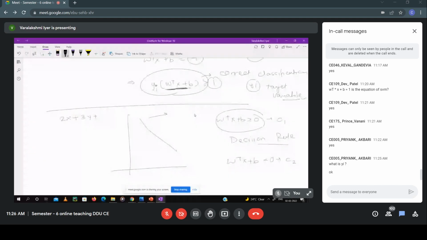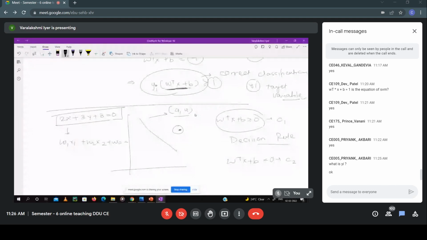And we have a point that we are trying to classify. Suppose the point is 4, 4. We want to identify whether this point lies on the positive side or the negative side of the hyperplane. This equation is similar to W1x1 plus W2x2 plus W0 equals 0. Yes or no?